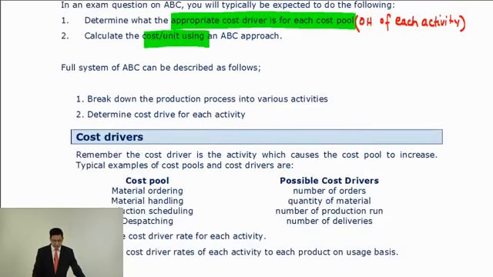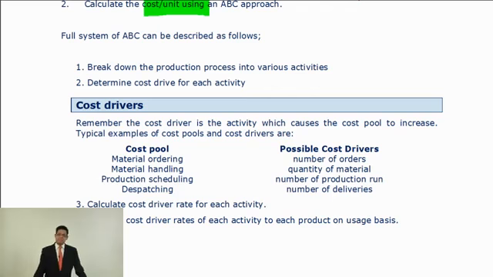So here is a full system of activity-based costing. Within the organization, activity-based costing starts with breaking down the production process into various activities. We break down the whole production process into small activities or small functions, or if you fancy, call them mini departments.